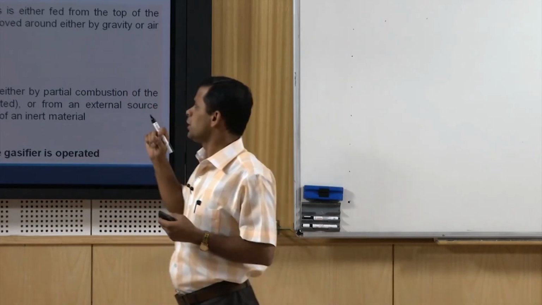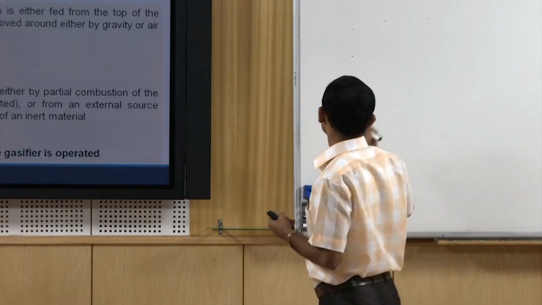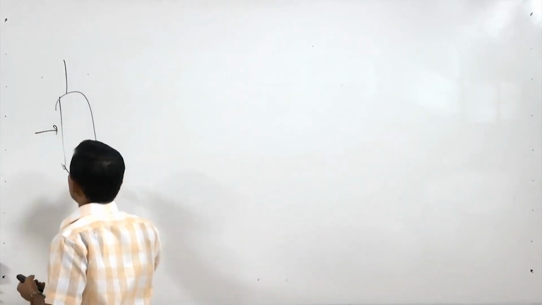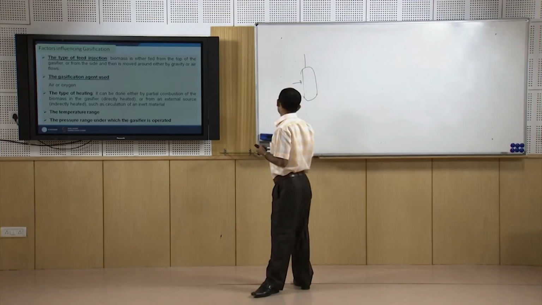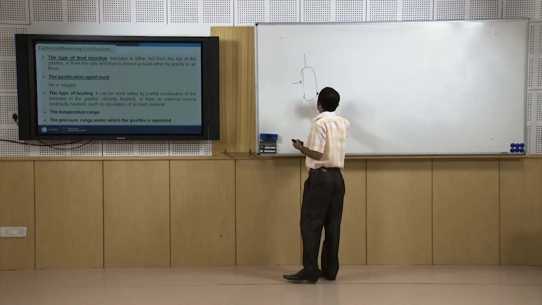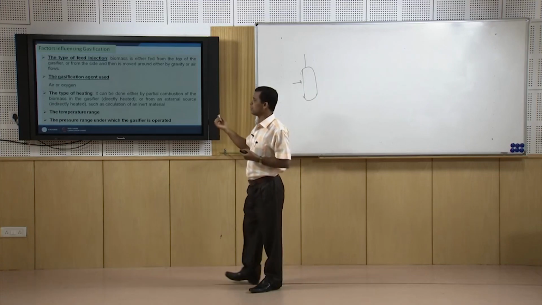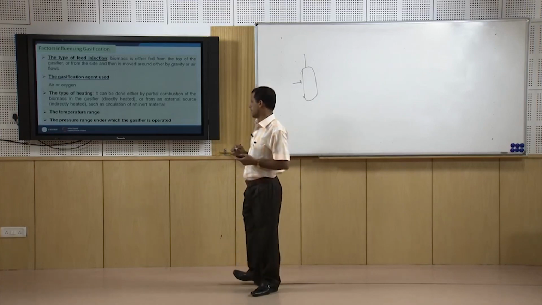In addition to this, the type of feed injection, whether we are feeding from the top or from the side, will influence the performance. The gasification agent, whether we are using air or oxygen, will also influence the process. Then the type of heating, whether direct or indirect heating, and the type of reactor, fixed bed or moving or fluidized bed, will also influence the performance. Temperature range and pressure are also important in this case.